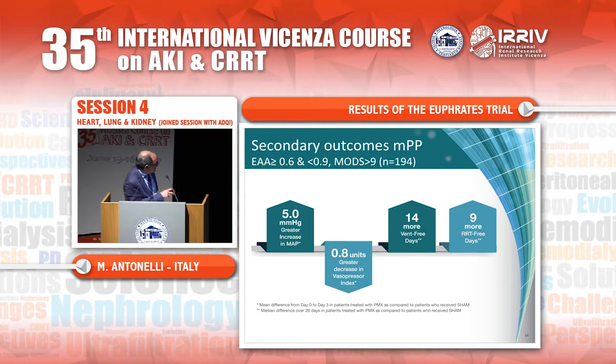And if you look at the dose of vasopressor, this is along the same line. And this also reproduces what happened in the study that we had in Italy, the other randomized trial published in JAMA in 2009.